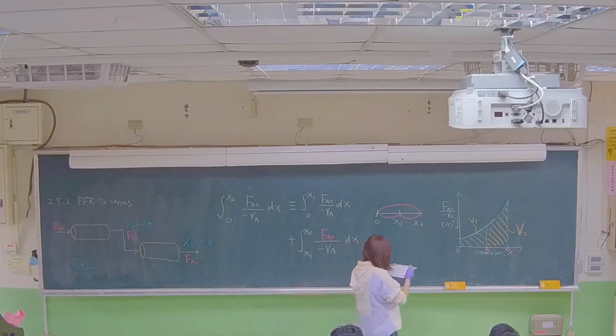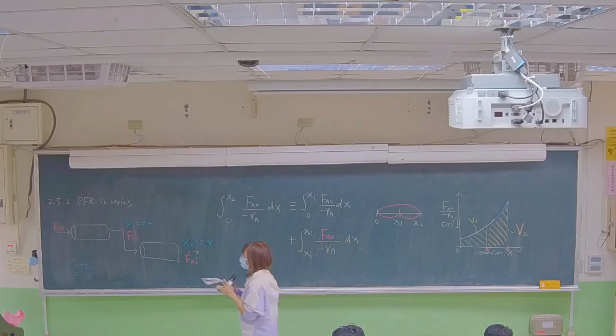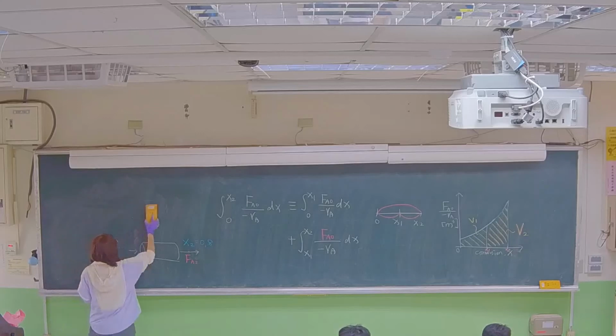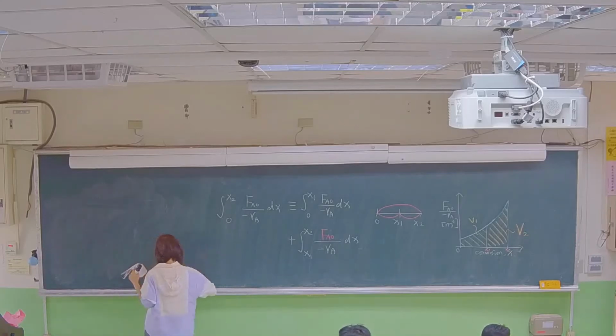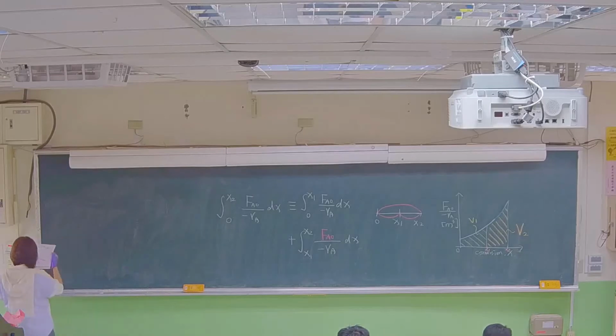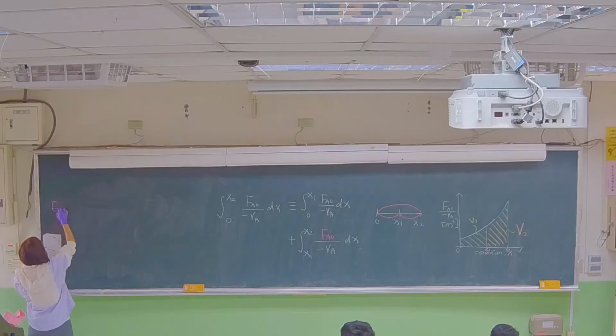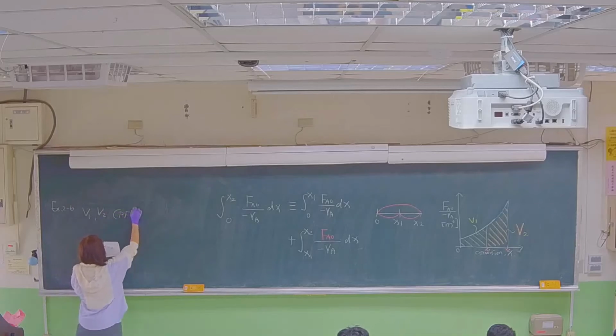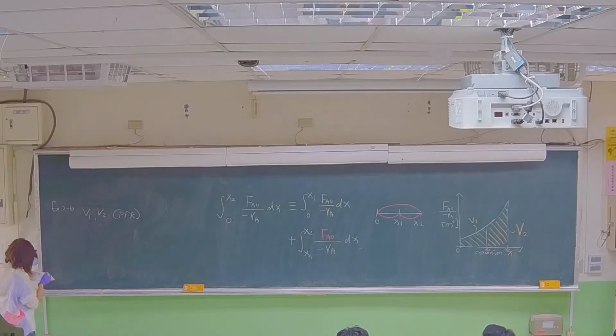So the same table, use the data to calculate reactor volumes. So in this example, we have to find V1 and V2 for PFR in series.